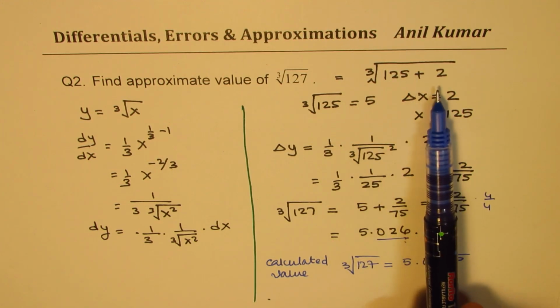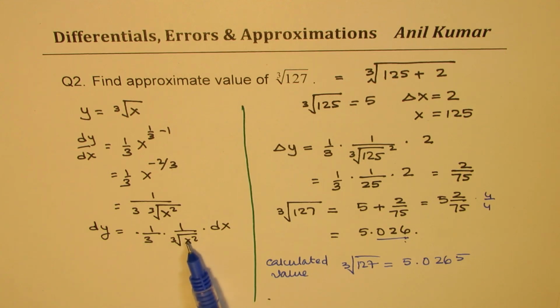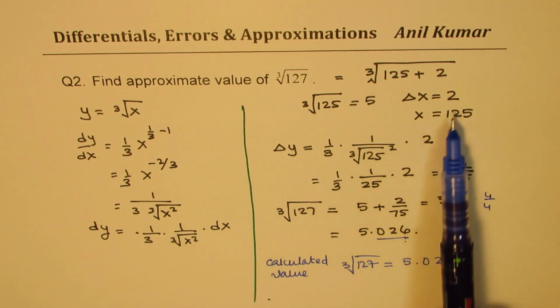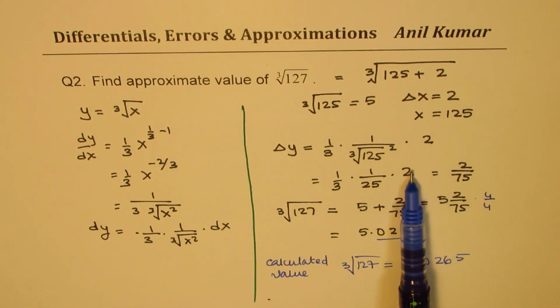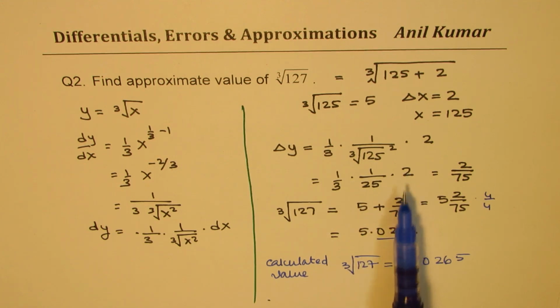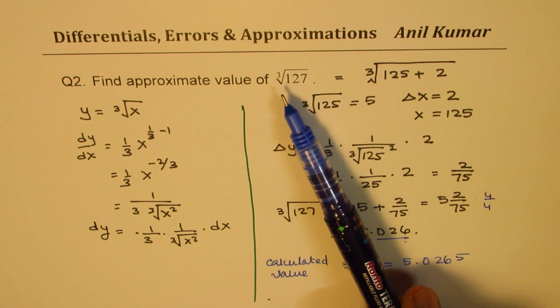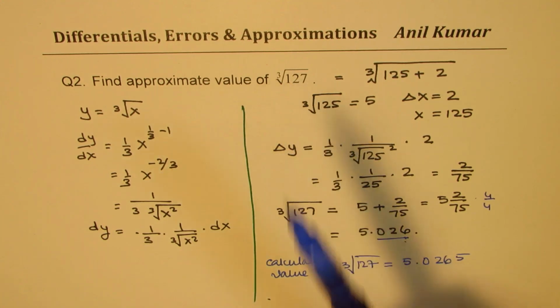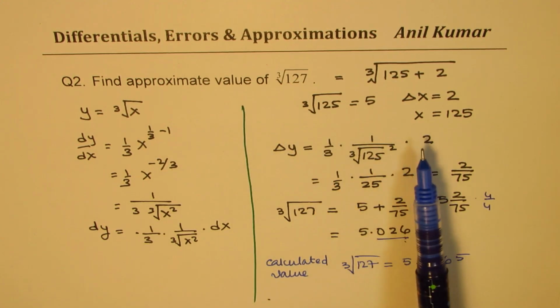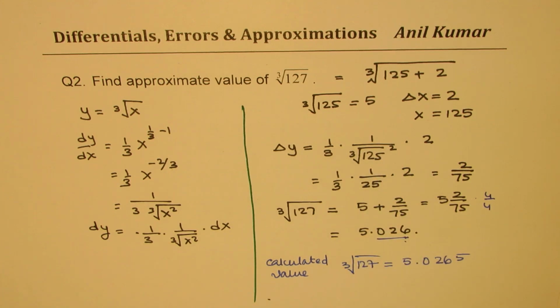And how much away? So we found the derivative of the function and multiplied by delta x, which was 2 for us, correct? So derivative times delta x gives us the answer. So it could be any function. You can find the 5th root, 6th root, whatever. Its derivative times delta x will be the change.